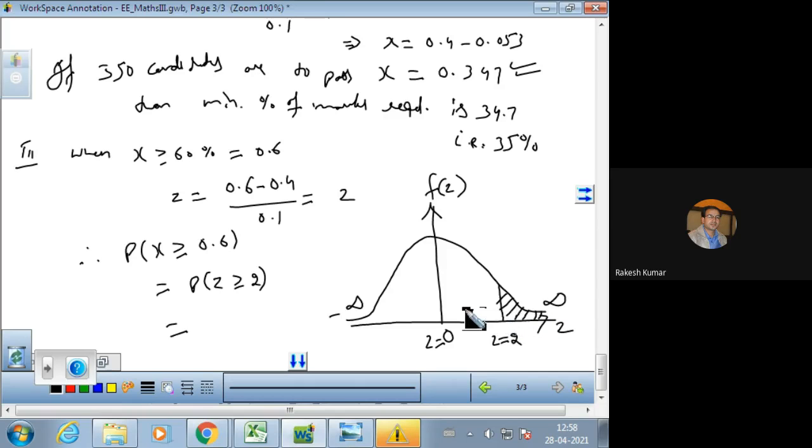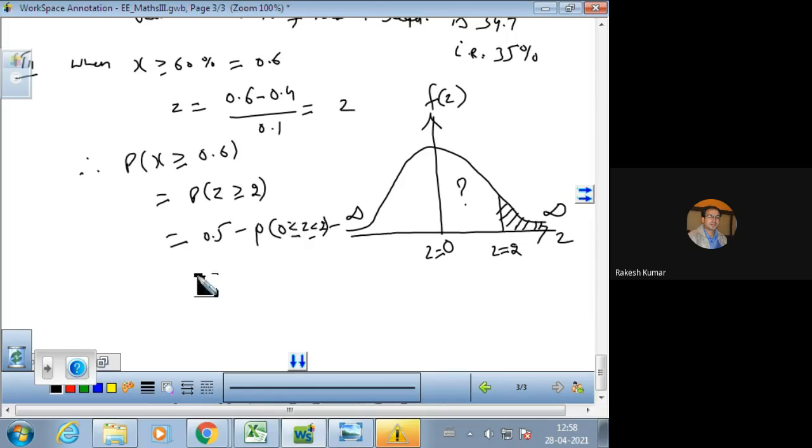So this will be subtracting, and this will be the area, and this area we get by subtracting the blank area from the total 0.5. So we want to subtract this area. So 0.5 minus probability 0 to 2, we will subtract, that is 0.5 minus the area at z equal to 2.